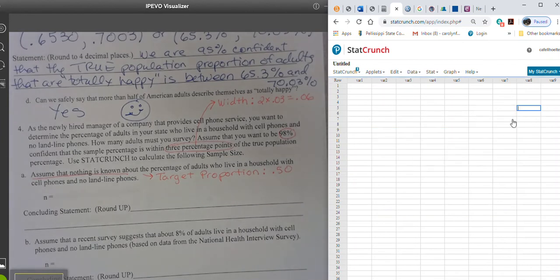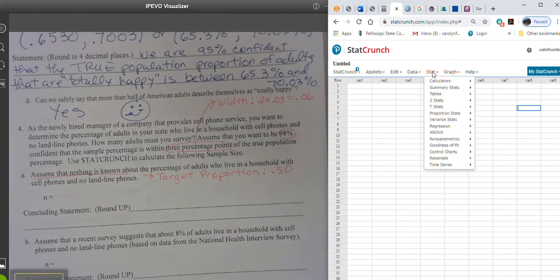Remember, I have the steps for StatCrunch in your notes in this chapter, of what to click on. So here we go. We're going to go to Stats, and this is about a proportion. We're only dealing with one sample. Then we go all the way down to width/sample size.